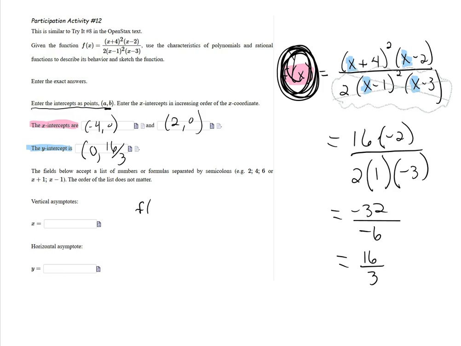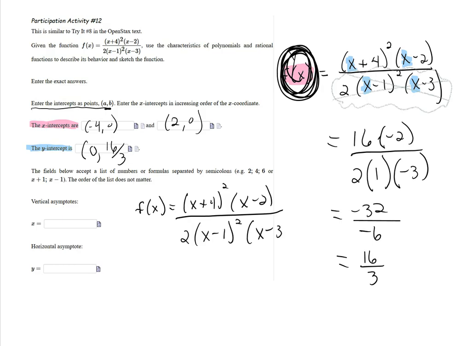Let's see, it was f of x equals (x plus 4) squared (x minus 2) over... Now remember, the vertical asymptotes are where the denominator equals 0, but you have to see if there's any discontinuity, which there's not.